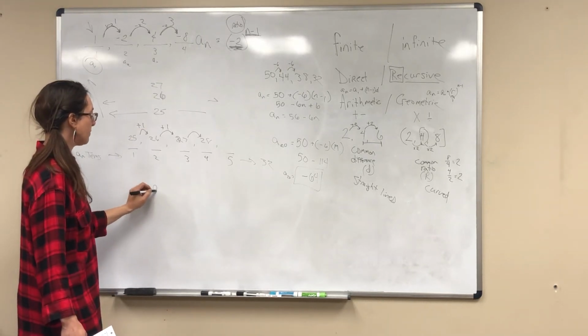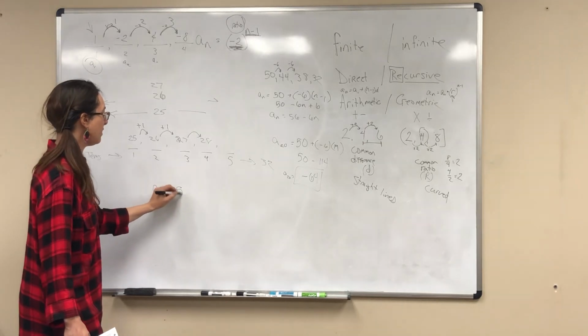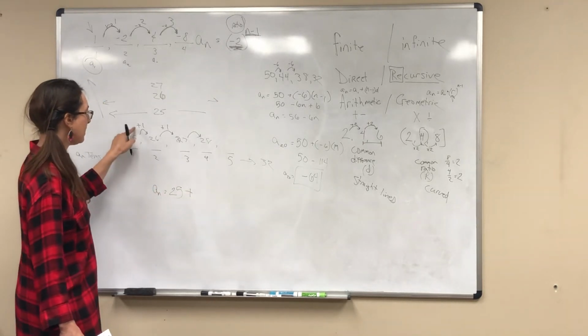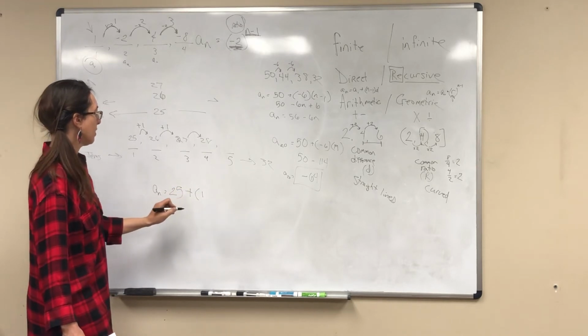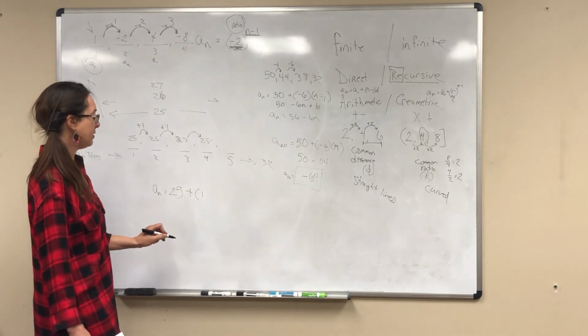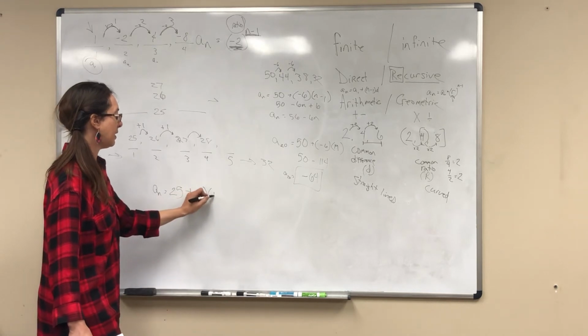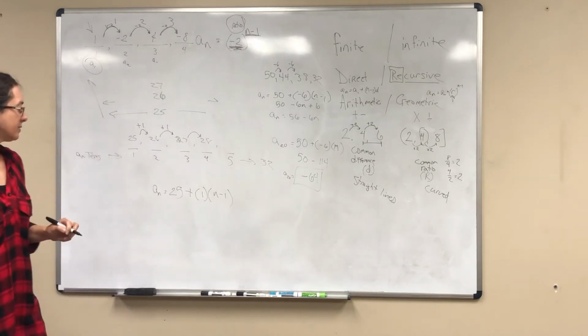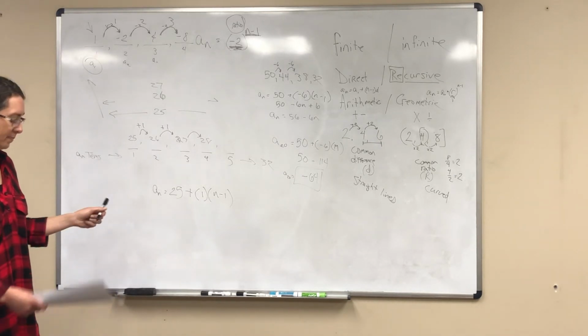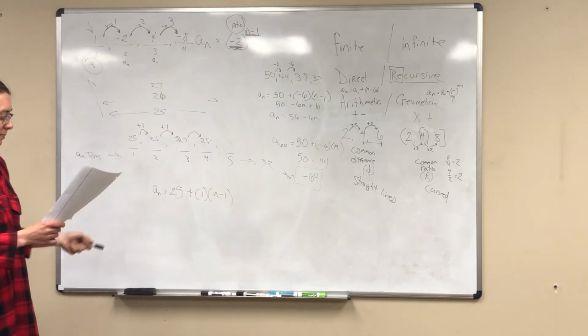Where do we start? 25. Then we are adding 1 times how many? However many jumps we have, n minus 1, correct? Okay. So here's our formula.